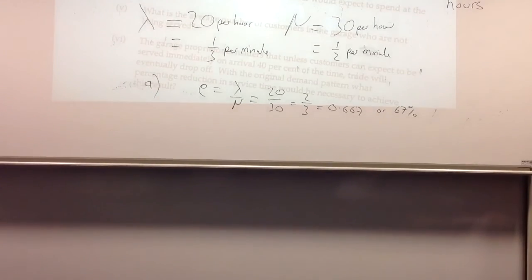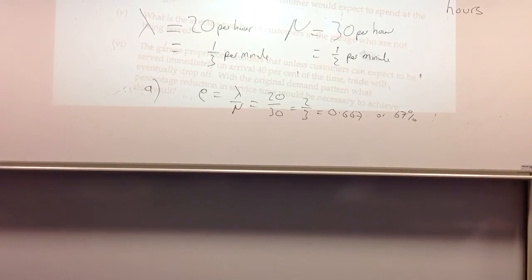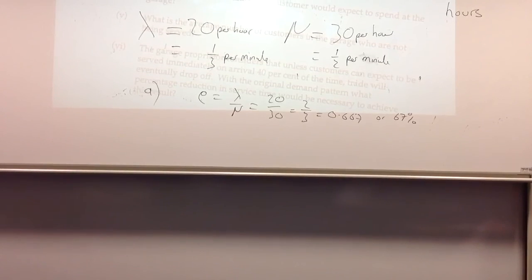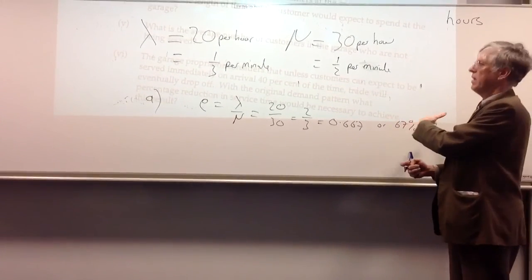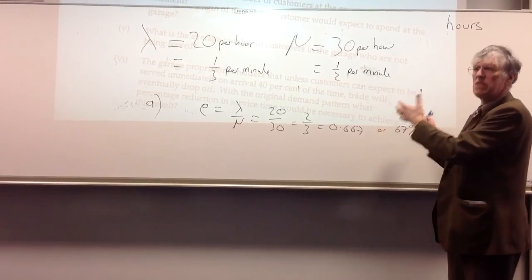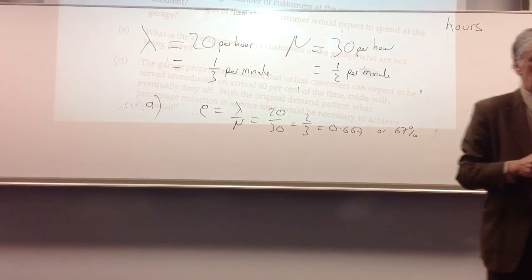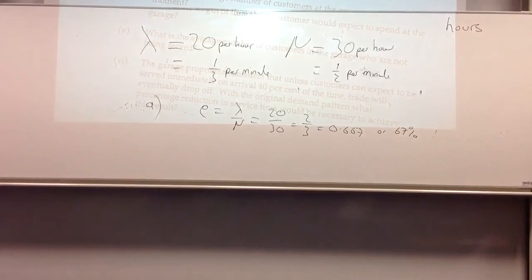So the answer to the first question is the probability of a car arriving and having to wait is 67%, because that's the likelihood that the system is busy and being used at the time.